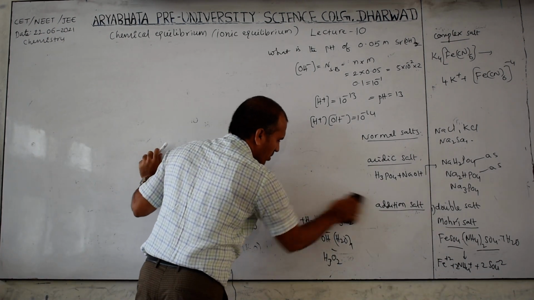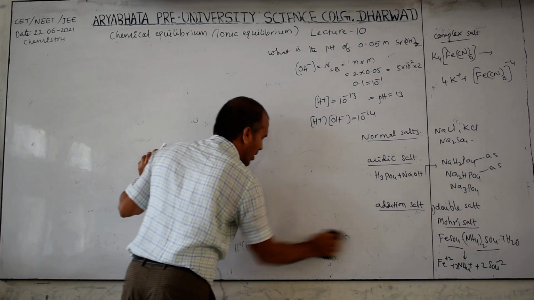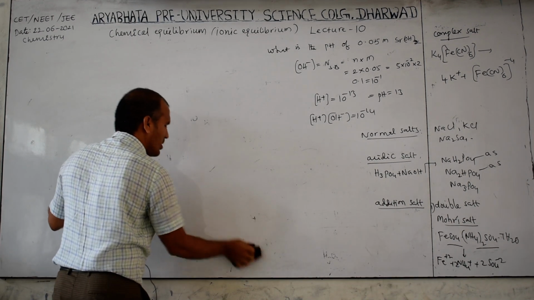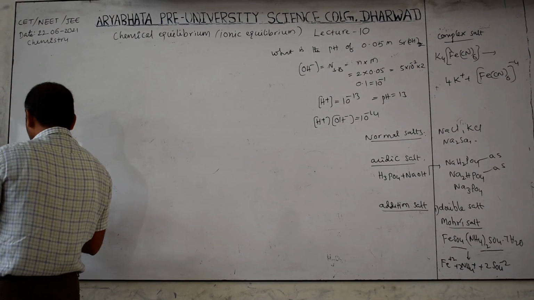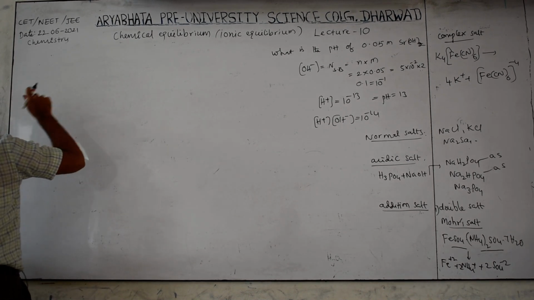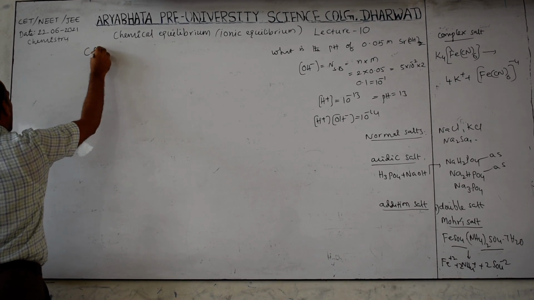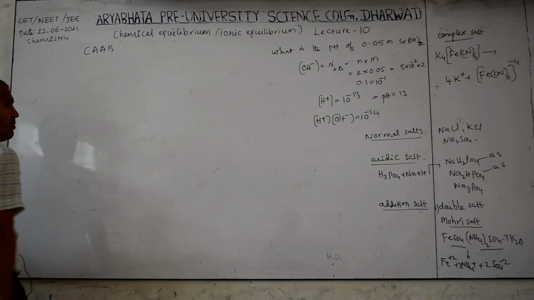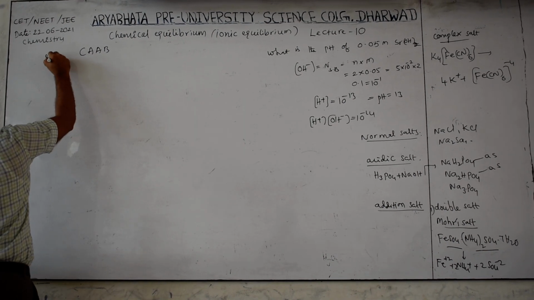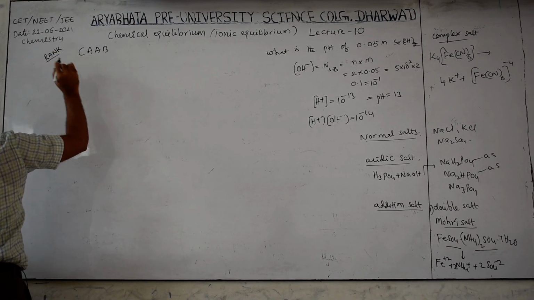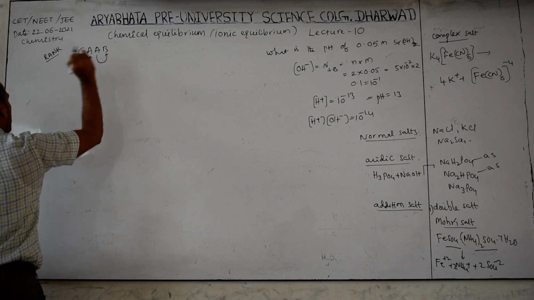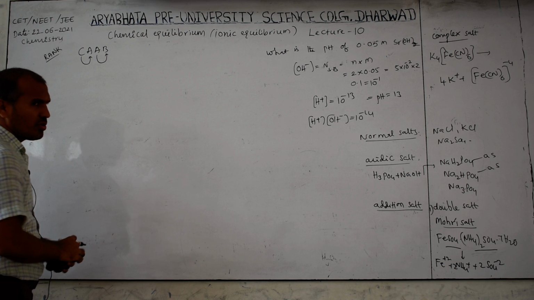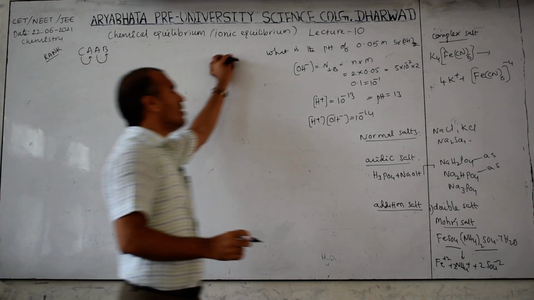If you forget, because sometimes I may also make mistakes, I remember one shortcut: CAAB, CAB. This is a rank shortcut. Cation hydrolysis gives acidic solution, anion hydrolysis gives a basic solution. So it is easy to remember.